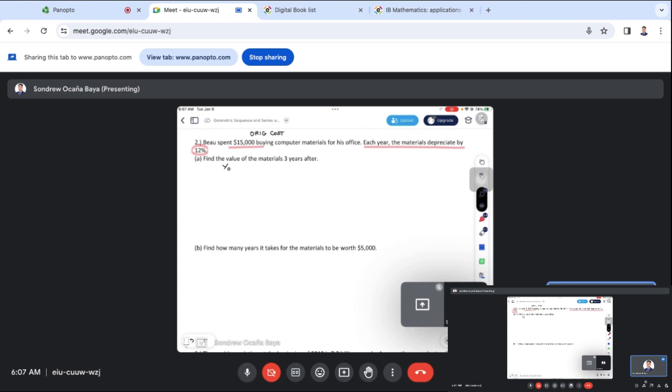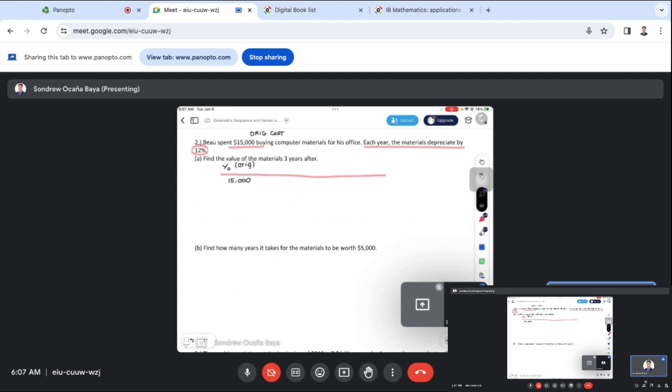Let me use y for year and then the subscript as the number of years. So at year zero is your original, meaning at the beginning, when time has not started to change yet. At year zero, the cost is 15,000. And we know that each succeeding year, the amount depreciates by 12%.